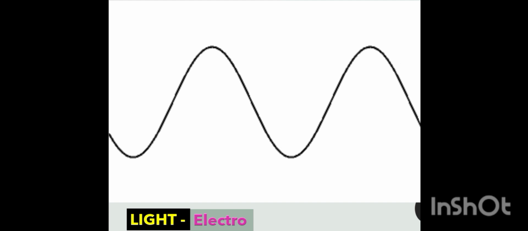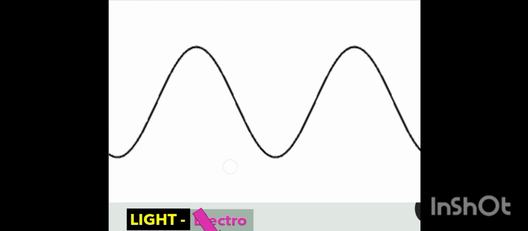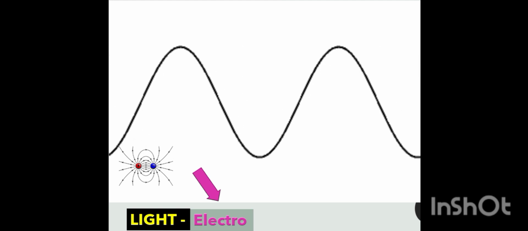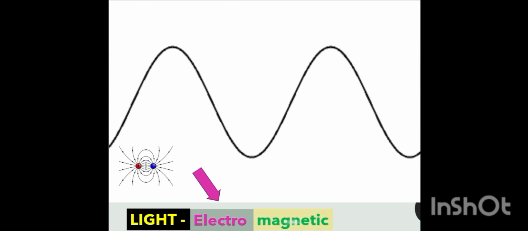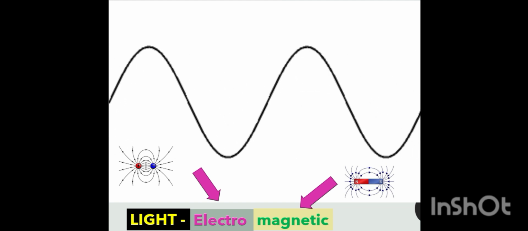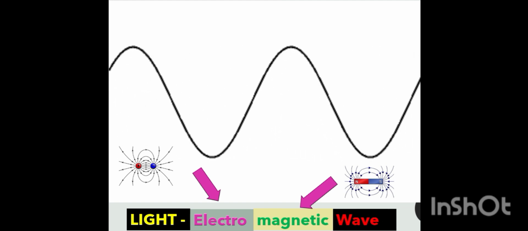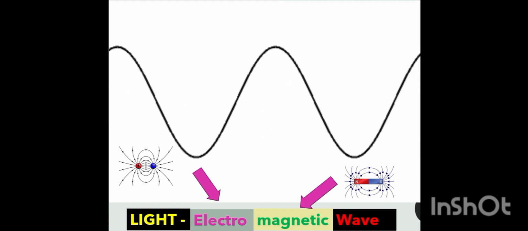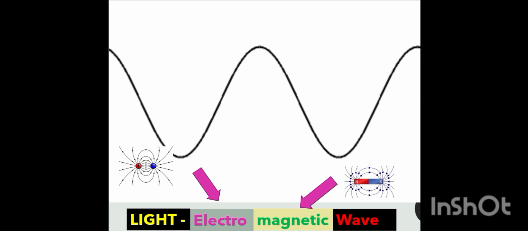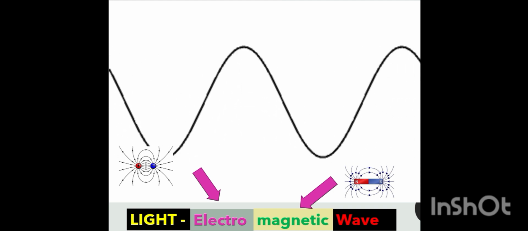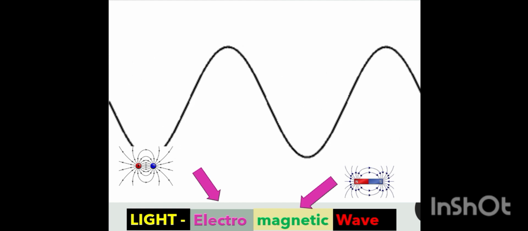It has an electrical field, and it has a magnetic field, and it's a wave. So if I ask you what is light, you must answer it is an electromagnetic wave. It is a wave which has an electrical field as well as a magnetic field.